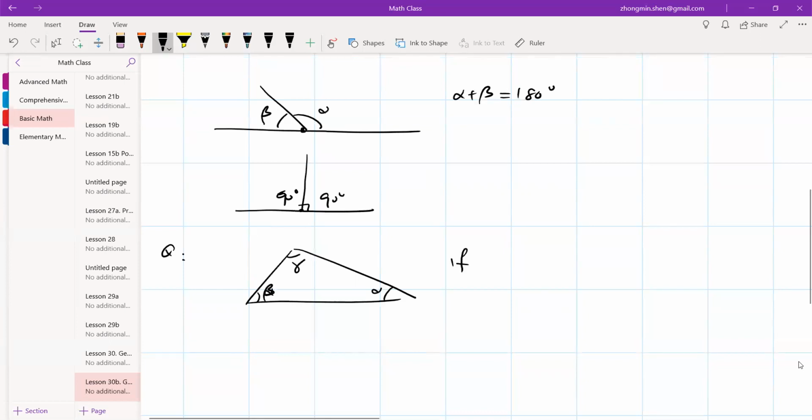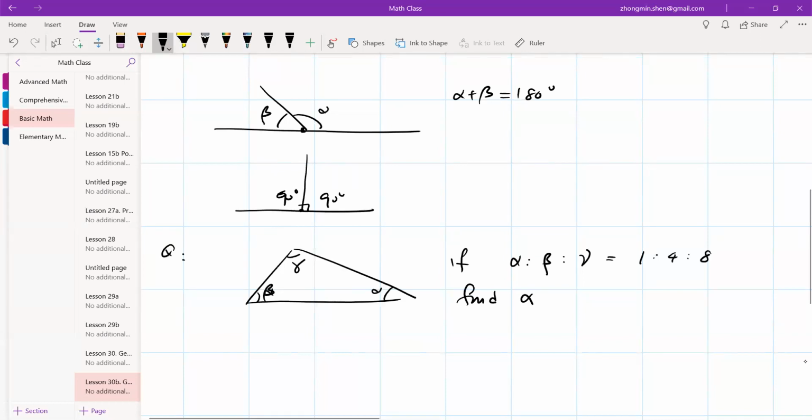If you know alpha to beta to gamma is 1 to 4 to 8, I'm not going to change this, just put it 1 here. Otherwise, you can simplify this ratio. Find alpha, the smallest angle.